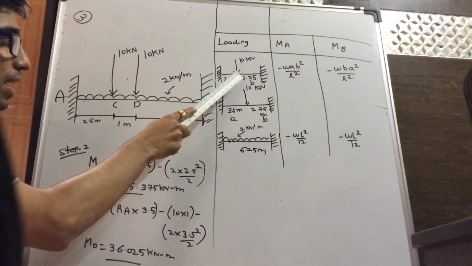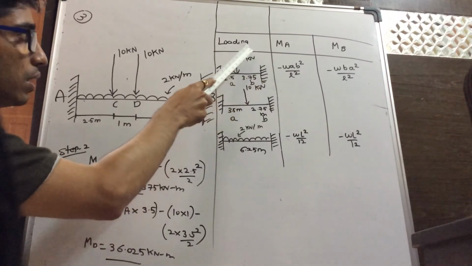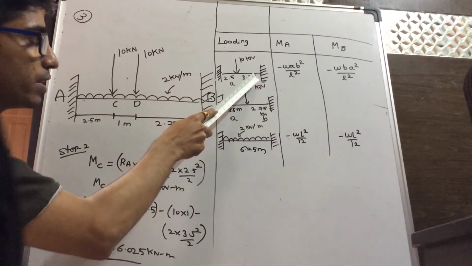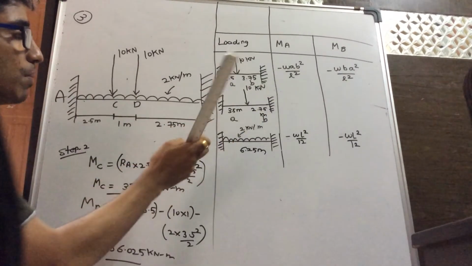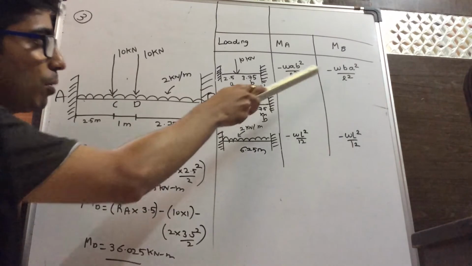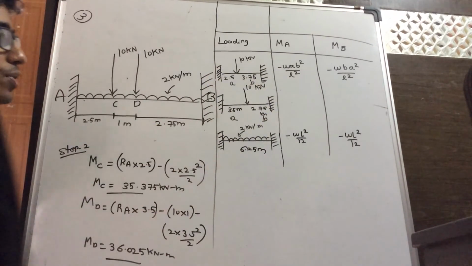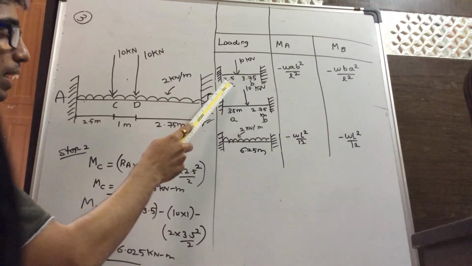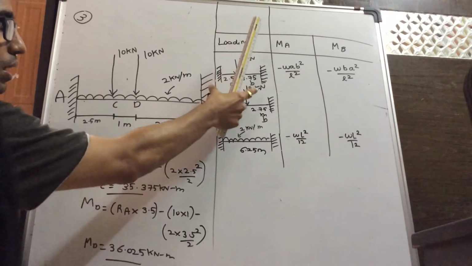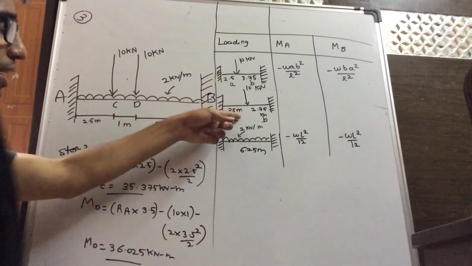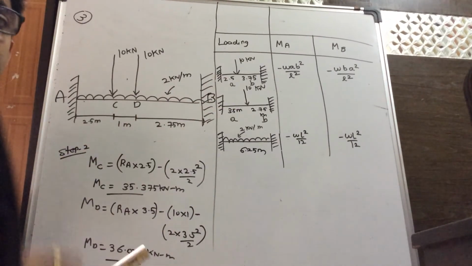This distance is A and this distance is B. So W, so 10 multiplied by 2.5 multiplied by 3.75 square upon L. L comes out to be the addition of 2.5 and 3.75. For moment at B, it comes out to be exactly opposite, minus W B 3.75 multiplied by A 2.5 square upon L square.